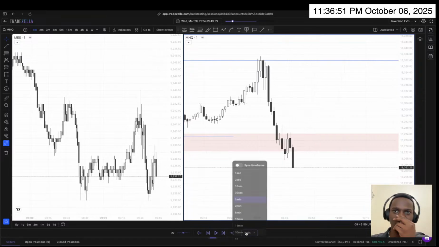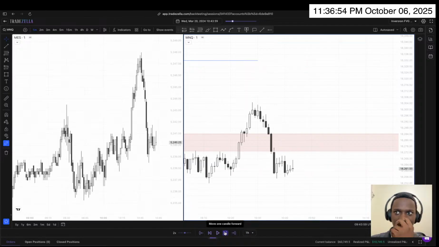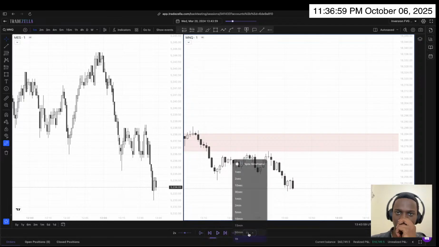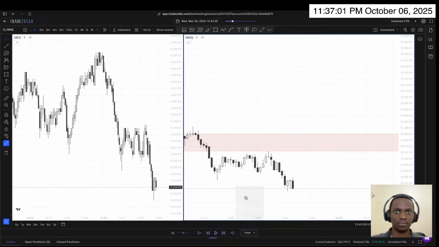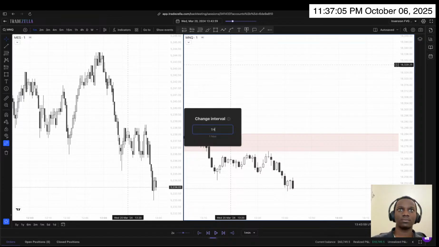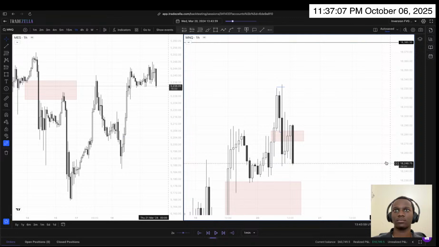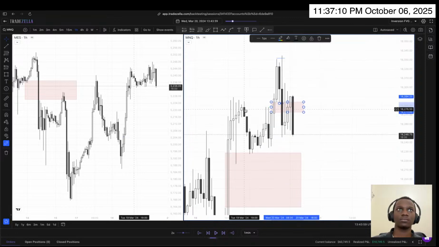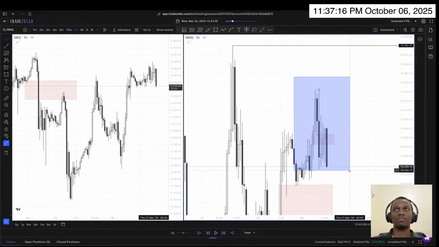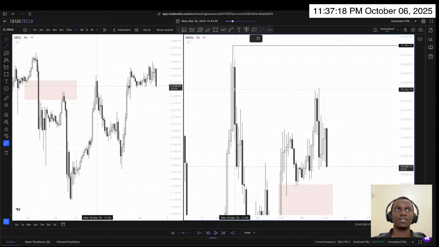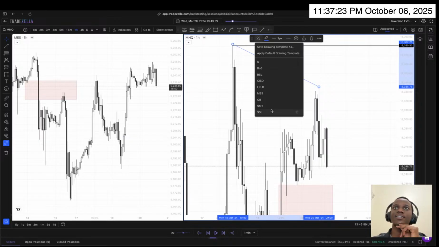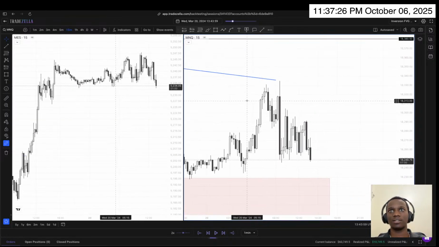I think let's just fast forward 1 hour to the FOMC. If you run this high here, we have a crazy SMT from this so-called all-time high down to 15.